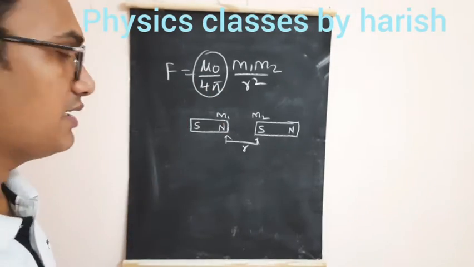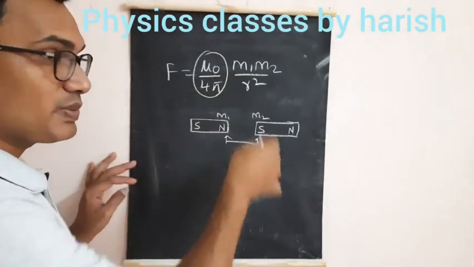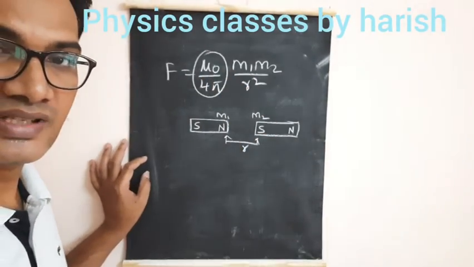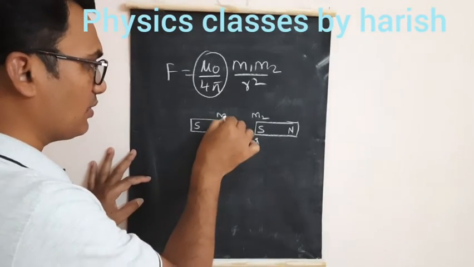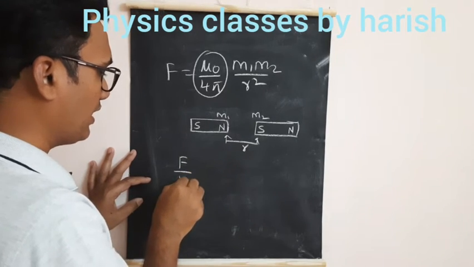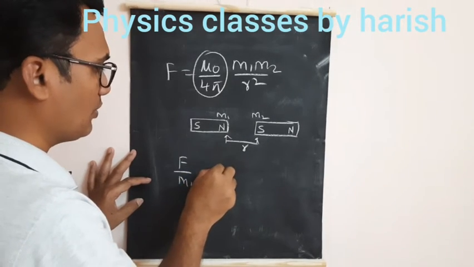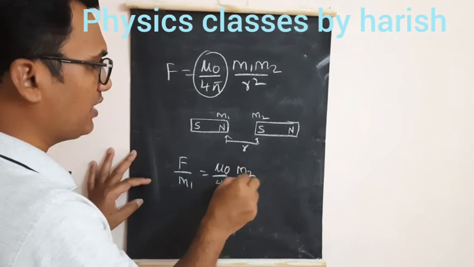M1 and M2 are the pole strengths of the two bar magnets, and mu naught by 4 pi is a constant. Now the magnetic field is defined as the magnetic force experienced by a unit north pole. Here the strength of the north pole is M1. F divided by M1 is equal to mu naught divided by 4 pi into M2 divided by r square.